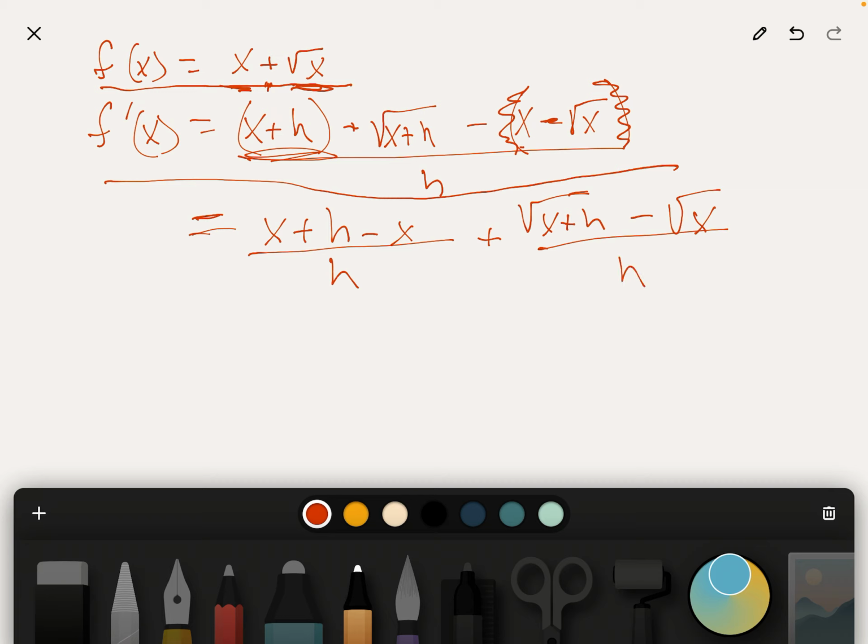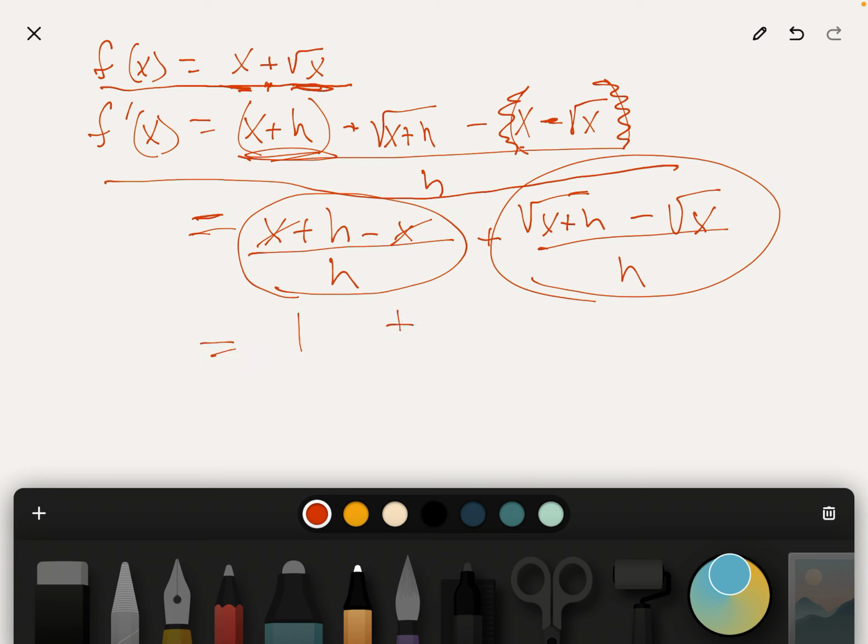And so you can see what I mean. We've grouped these things. We've grouped the function into two different parts so that they look more familiar. There's this part and there's this part. Now this is super easy because it's x minus x. So now it's just h over h, which equals 1, plus.